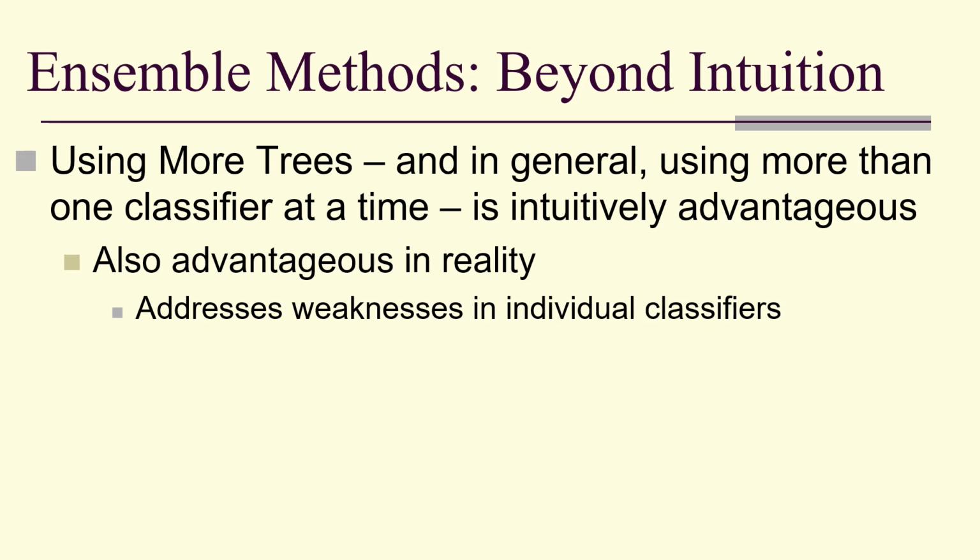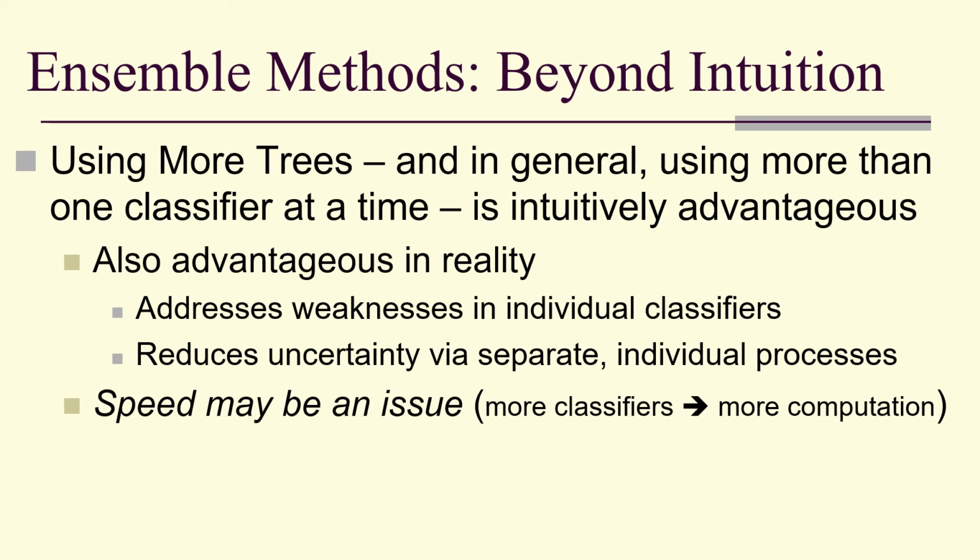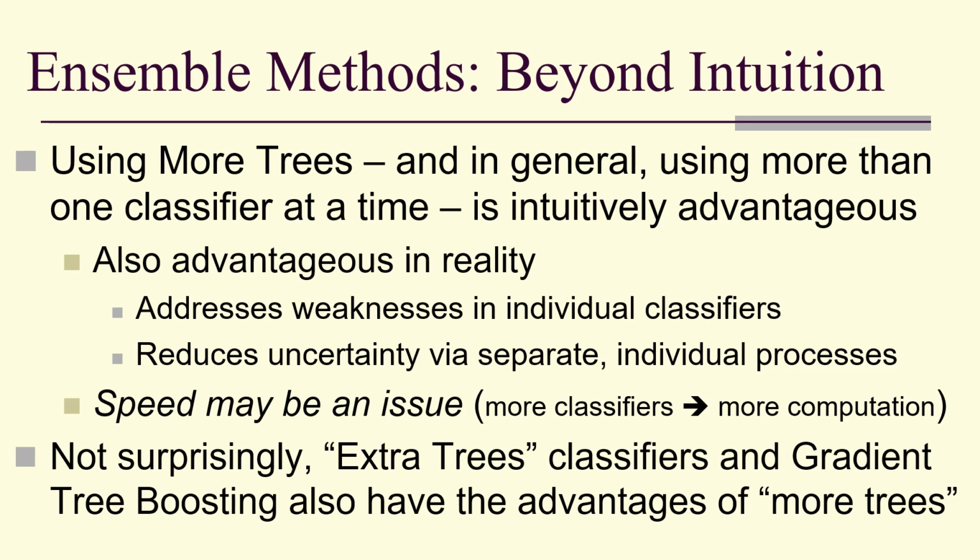It addresses weaknesses in individual classifiers and reduces uncertainty via separate individual processes. Speed may be an issue. More classifiers means you're going to do a lot more computation. And not surprisingly, there are other things besides random forests. There are the extra trees classifiers and gradient tree boosting, which all have this advantage of more trees.